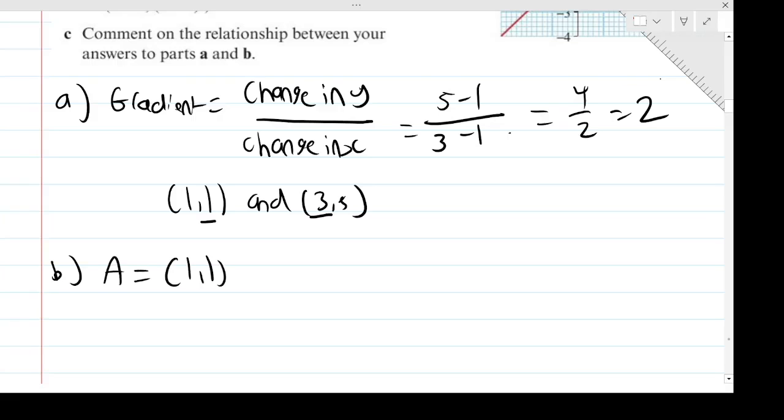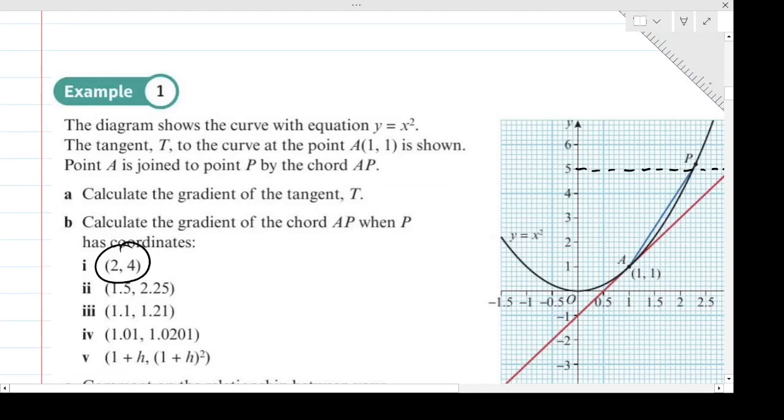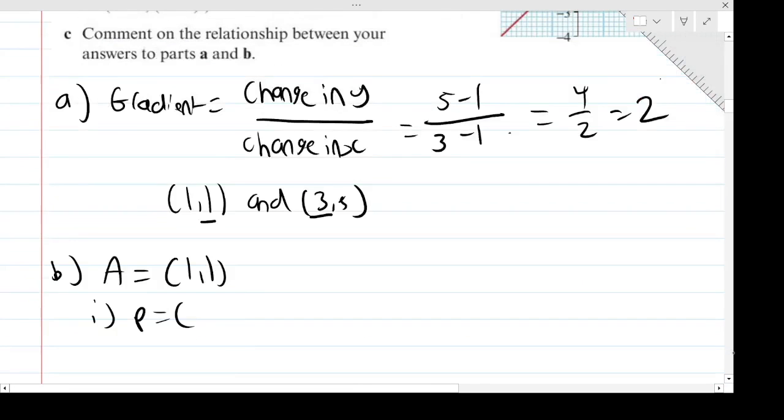Yeah, A was (1, 1). And we're also given the point P is (2, 4). So to compute the gradient of the line between A and P, we can use the changing y over changing x formula.